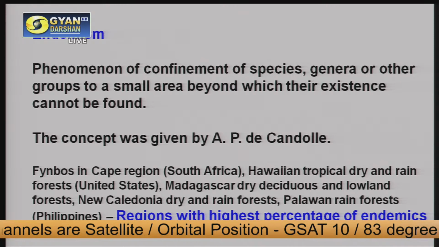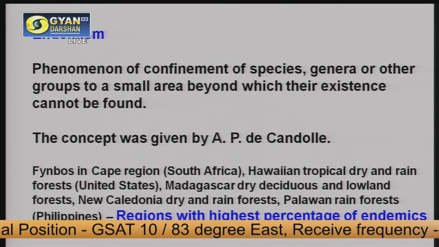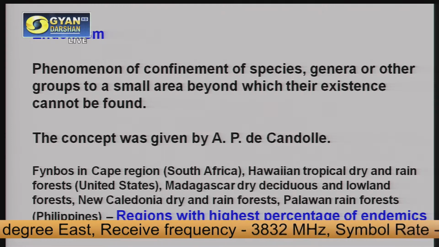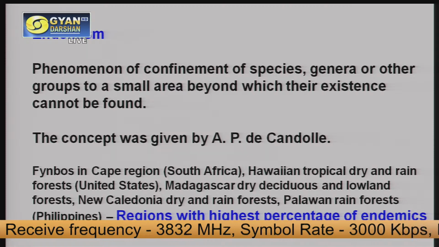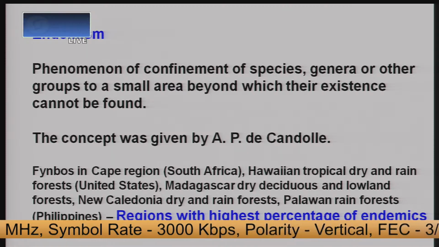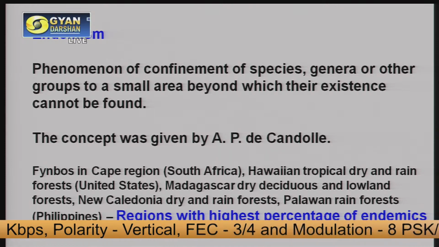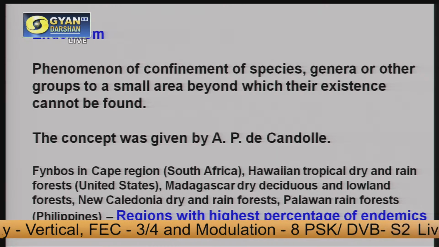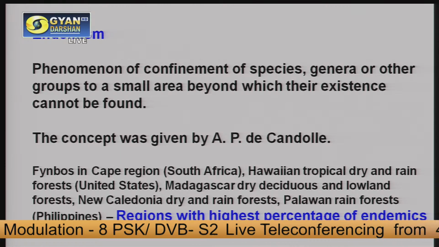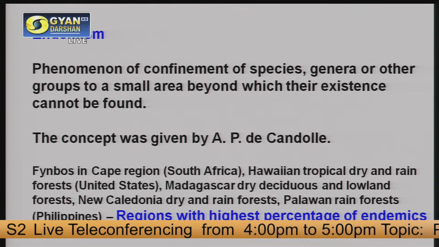And this phenomenon is known as endemism, and such species are known as the endemic species. Now, this concept was given by A.P. de Candolle. Now, obviously, there should be certain reasons why such plant species are endemic, why they have a very restricted or confined distribution. So, we will study those factors, and we will study the different theories connected to endemism.